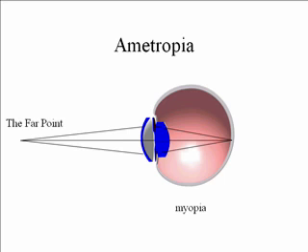Let's view this diagram in a little bit of a different way. The patient has too much plus power in the front of his eye. That's why the images converge in the vitreous rather than on the retina.